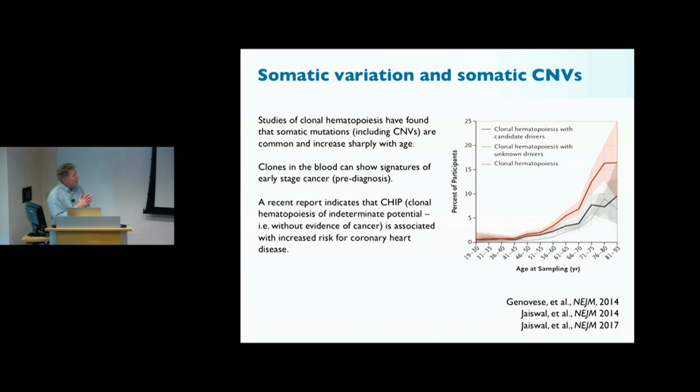And more recently, a report last year showed that this clonal hematopoiesis, if you take out the ones that look like they're precancerous, it still confers risk of coronary heart disease, maybe twofold risk of coronary heart disease just in people who develop these clones.